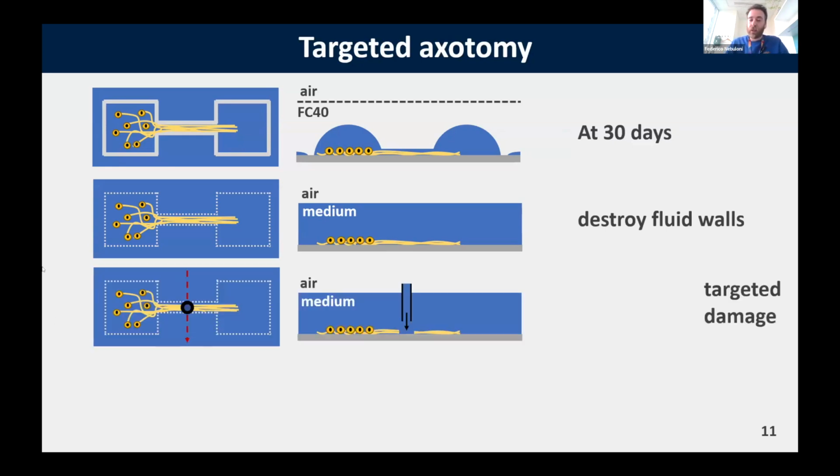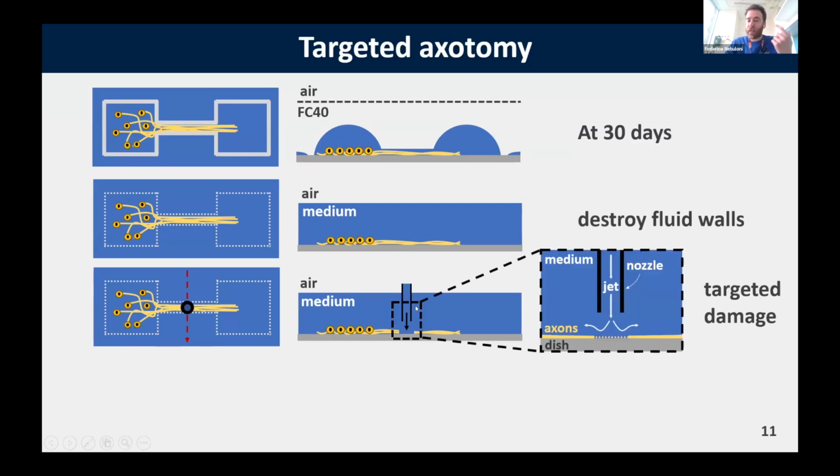Using a submerged jet of medium, we can create a targeted damage around any point, let's say in the channel or in our culture, creating in this case a contactless and chemical-less axotomy assay.